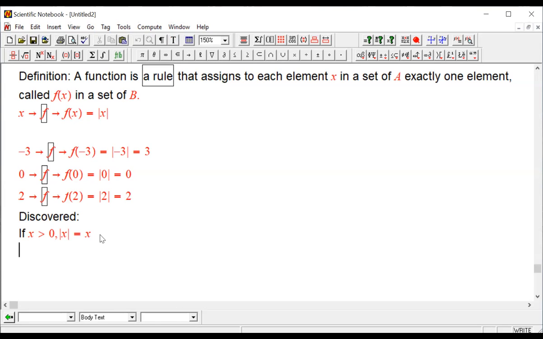If the input is 0, then the absolute value of x is 0. If the input is negative, the absolute value of x is going to be the opposite of x. Does that make sense?